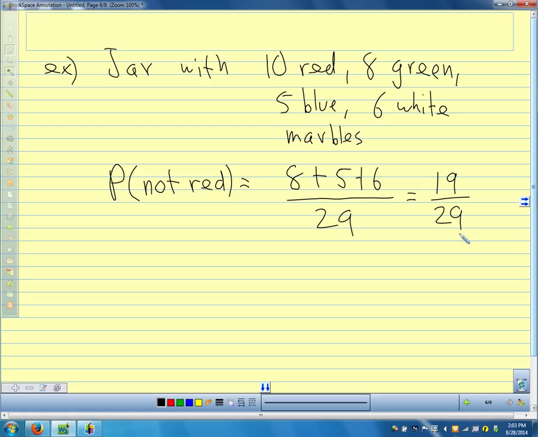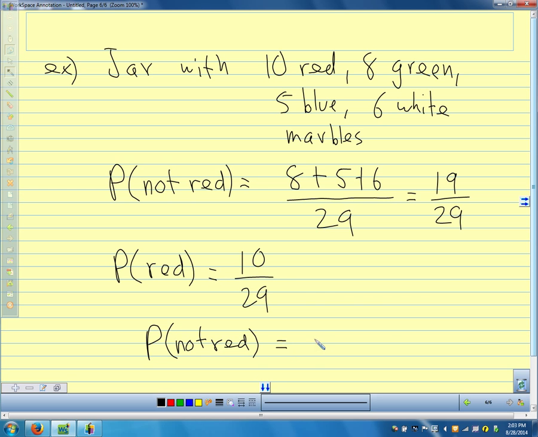Let's calculate this using a complement. Let's find the probability of picking a red. What's the probability of picking a red? 10 out of 29. Our favorable is 10. We have 10 red out of 29. The complement probability, not red, equals 1 minus 10 out of 29.